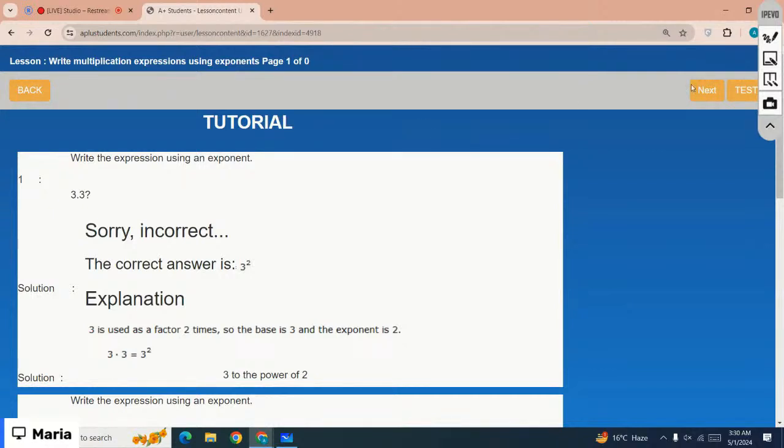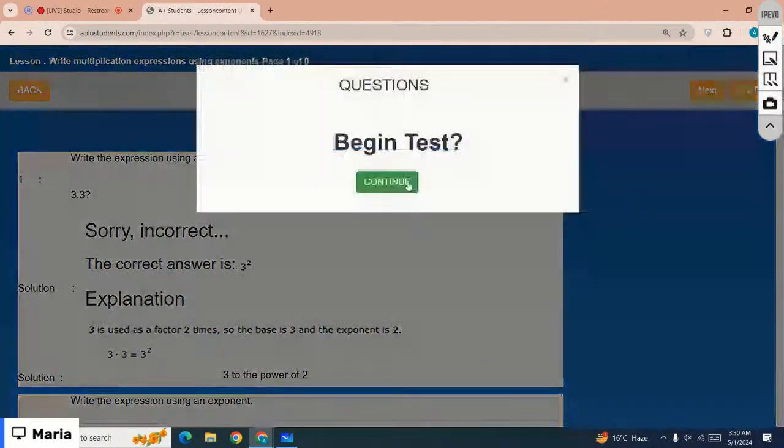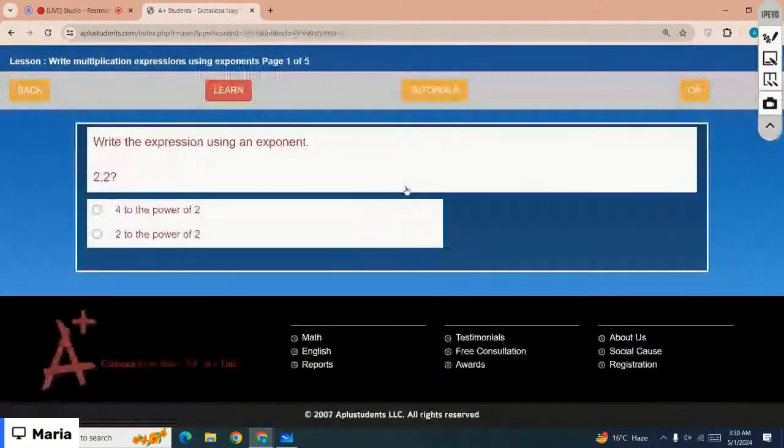Okay, let's just start with the test questions. Write the expression using an exponent. So, which is the correct option?